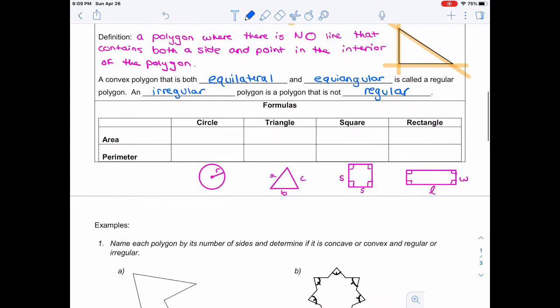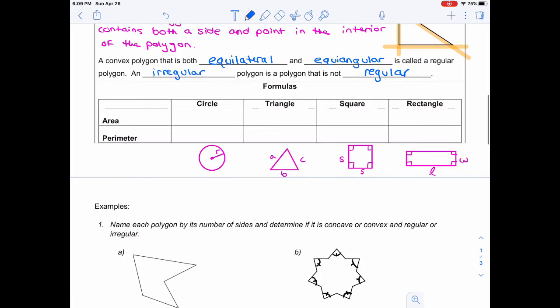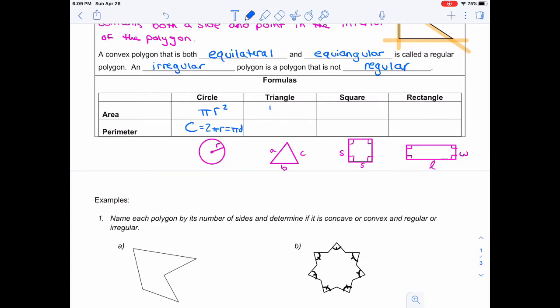Now, going down here, you should know all of these formulas, but just in case you need a refresher, your circle area, remember that's pi r squared, and your perimeter of a circle is the same thing as your circumference, which we have 2 pi r, or we have just our pi times diameter. For our triangle, we would have half times base times height.